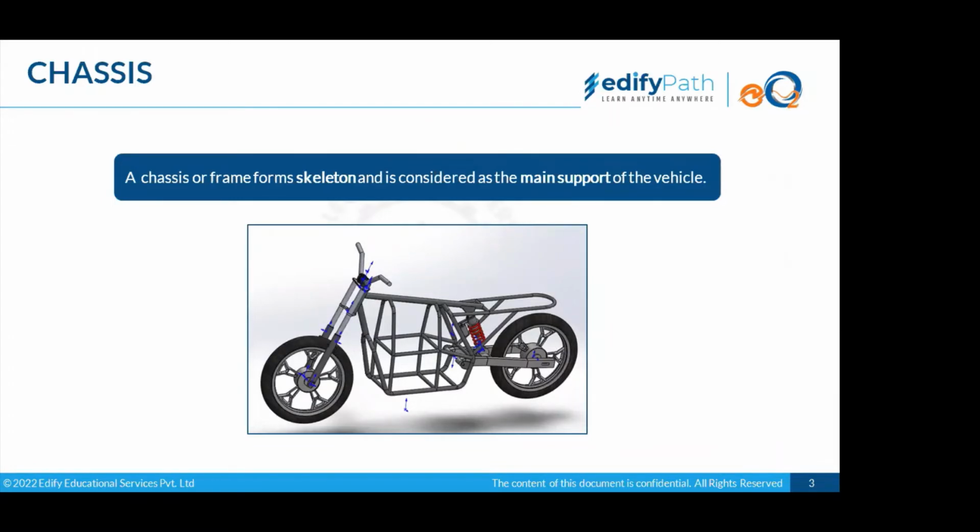Here you can see that these tires are not part of the chassis. The suspension system shown, the shocker behind, is also not a part of the chassis. The handlebar is not a part of the chassis. The fork or the front suspension system shown is also not a part of the chassis. So minus all these items is the chassis.